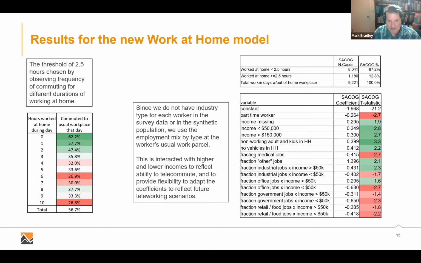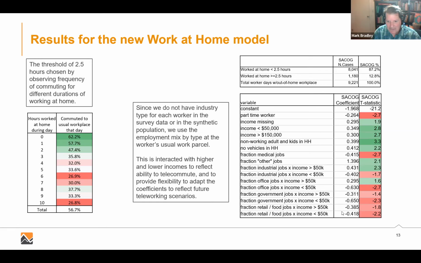So we interacted the fraction of jobs at their work parcel of different types with higher and lower incomes, kind of reflecting the fact that at least in some industries, people with the higher incomes usually have more flexibility to telework than people with lower incomes, like in office jobs, government jobs. Less so in medical jobs, because most of those people have to be at their jobs and they have a lower probability of staying at home.